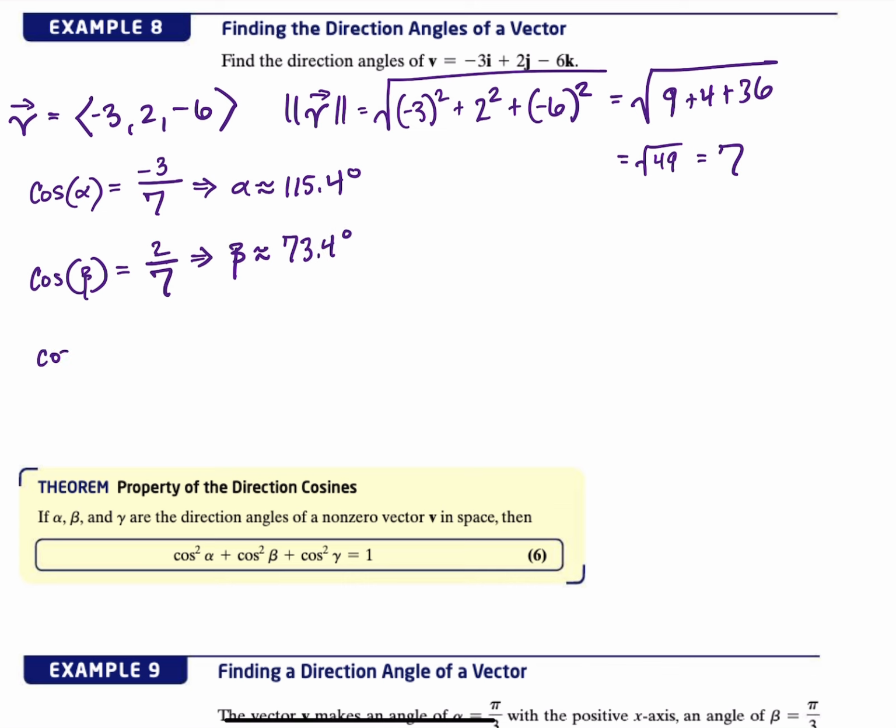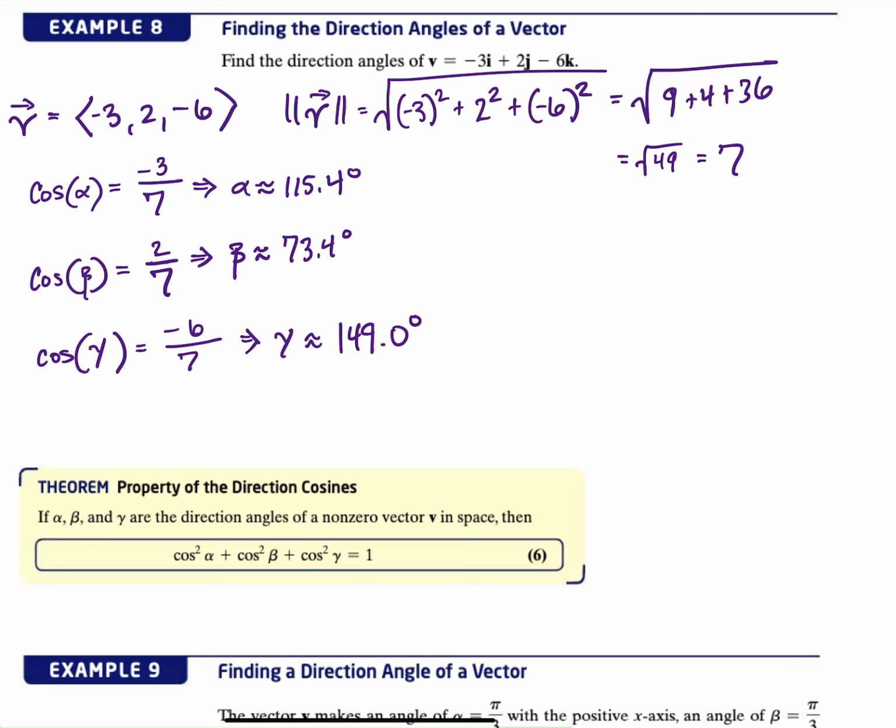Then the cosine of gamma will be equal to the c component, which is -6, divided by the magnitude 7. So take the inverse cosine and we get that gamma is approximately 149.0 degrees.